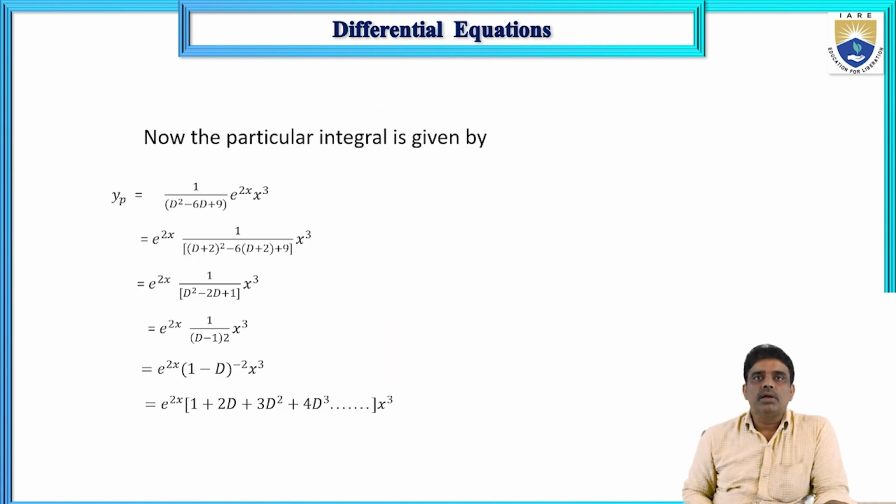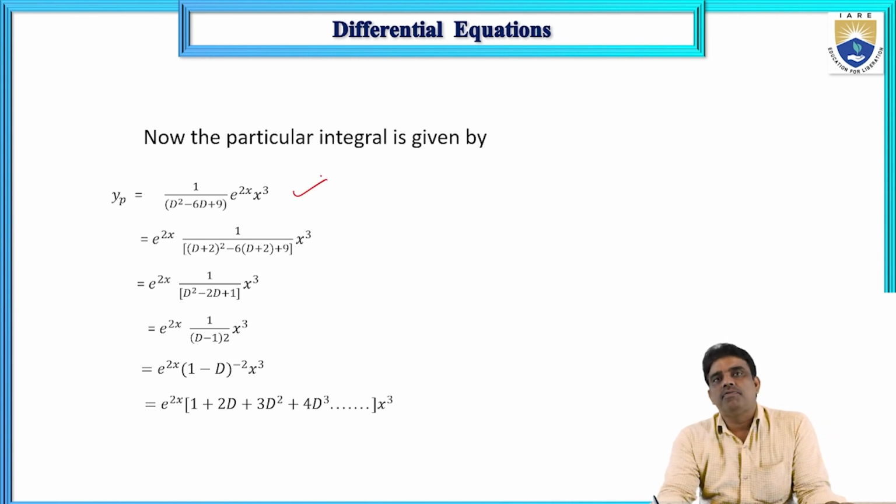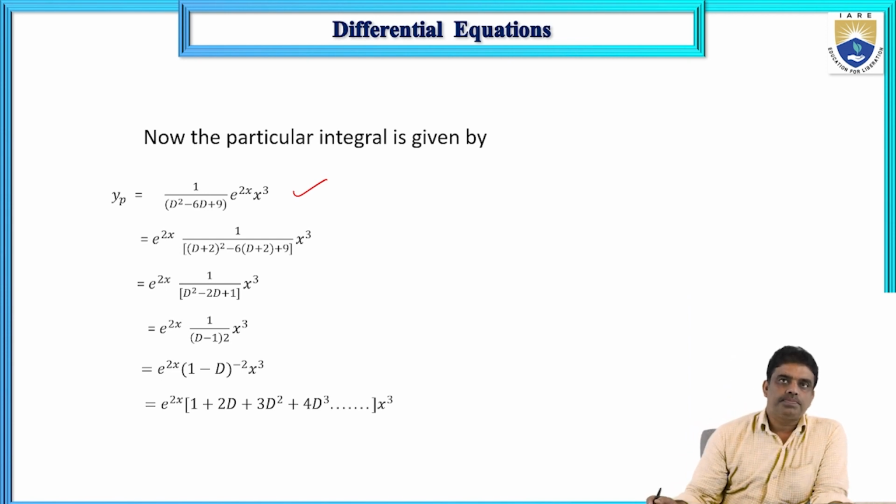Now, on coming to the particular integral, I write yp is equal to 1 by f of d of e power ax into v of x model, here e power 2x into x cube.